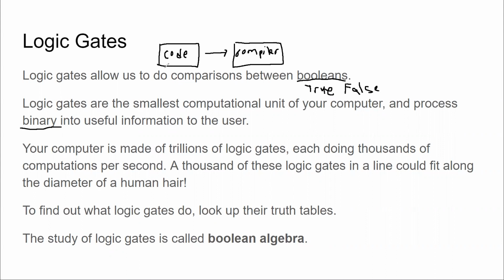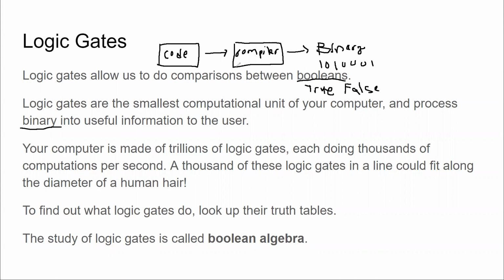Our code is something we can understand as human beings. It's a form of language. So the question is, how do we make it understandable to the computer? One way is with the compiler, which turns it into binary, which is just ones and zeros. This can be understood by the computer, and then the computer can do what you want it to do.